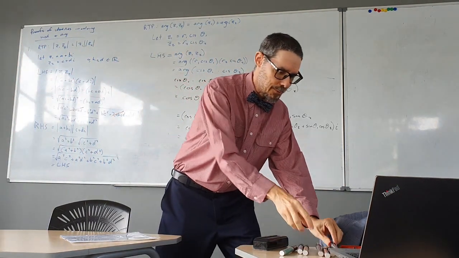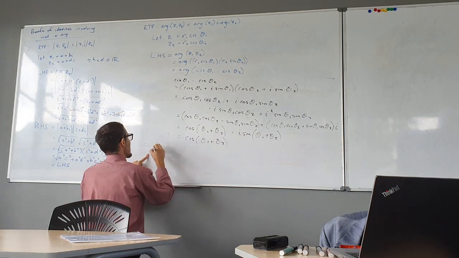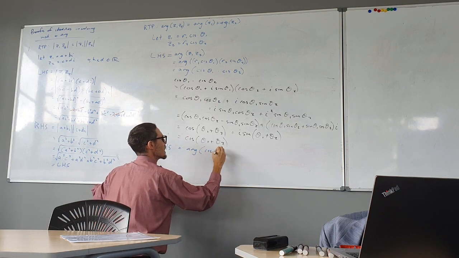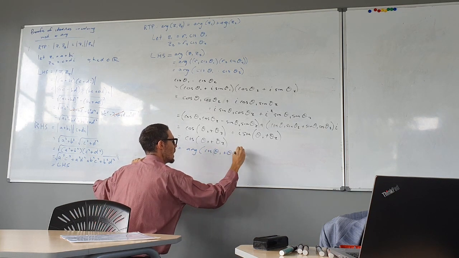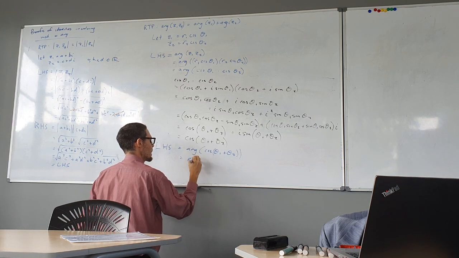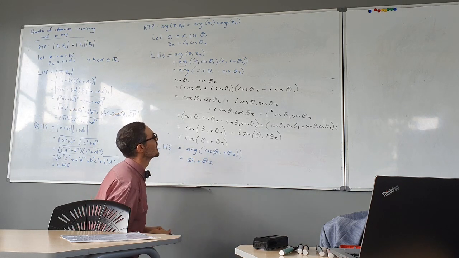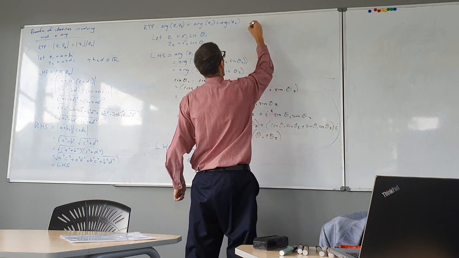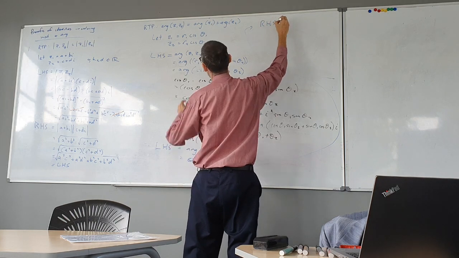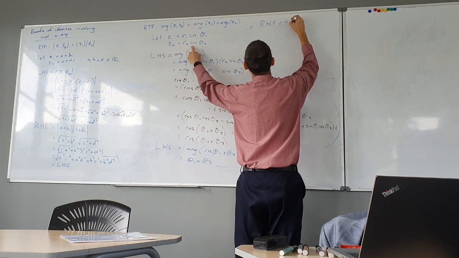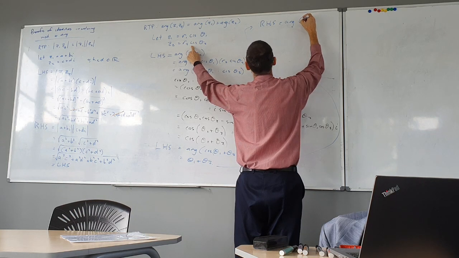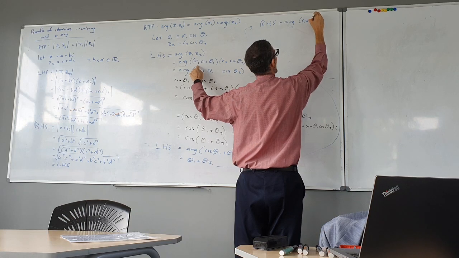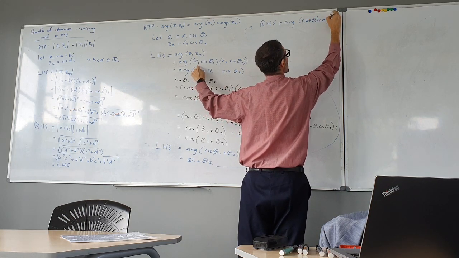And now I can finish my proof. So that means the left-hand side equals arg of cis theta 1 plus theta 2, which is theta 1 plus theta 2, and my right-hand side is arg of R1 cis theta 1 plus arg of R2 cis theta 2.